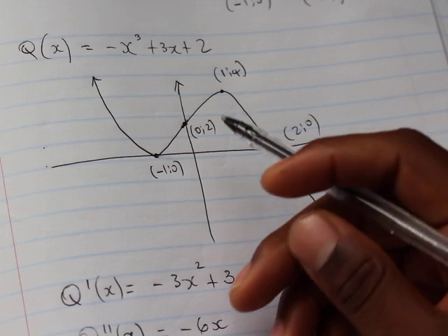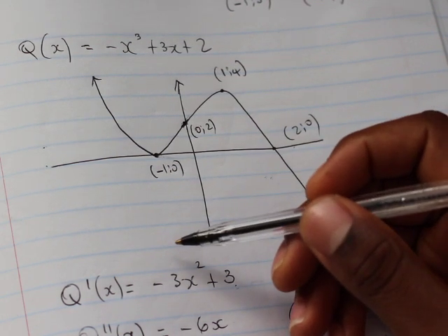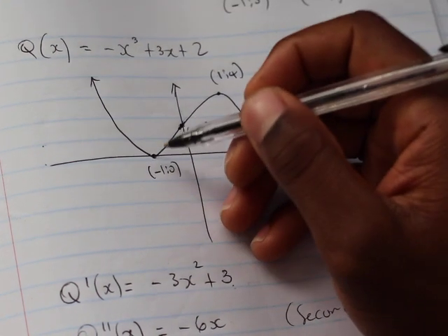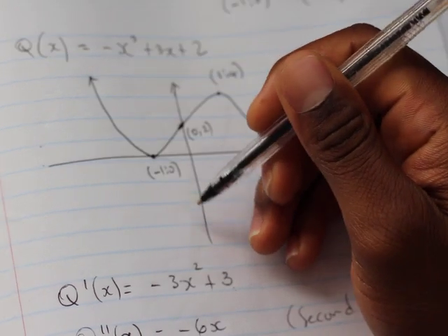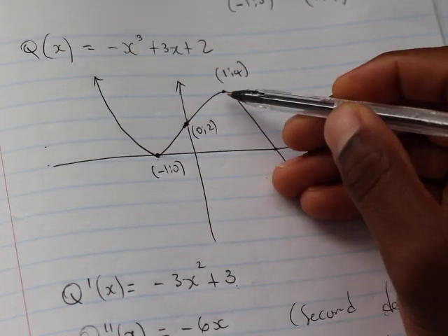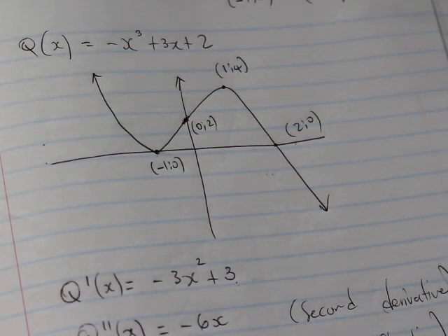And they're also going to ask you, okay, where is the gradient of the tangent positive? You need to understand that whenever the graph is sloping up, the slope is determined from the left to the right. So from the left to the right, is the graph going up or down?